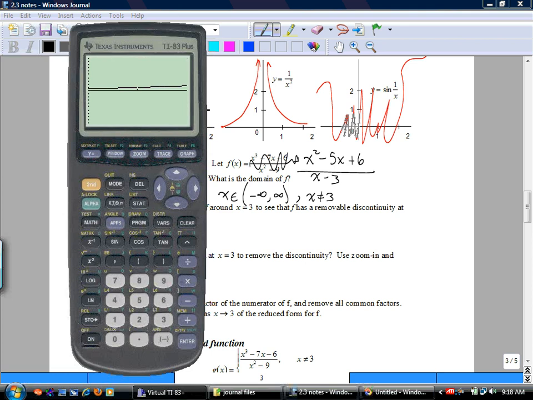Cool. Do you see the hole now? There's a little tiny space in the graph. Isn't that cool? Anyways, we trace a little bit to the left, and it looks like if x is 3, y could be 1.